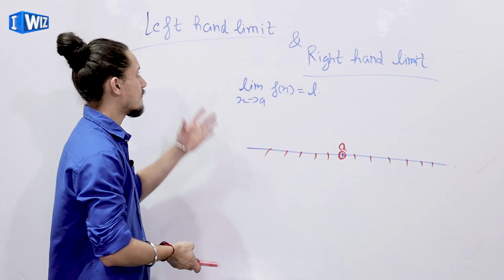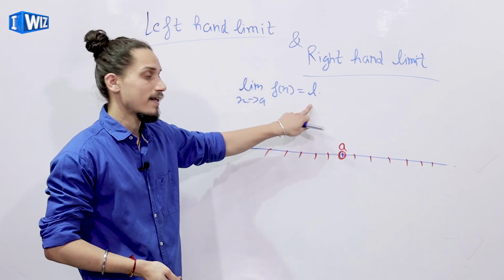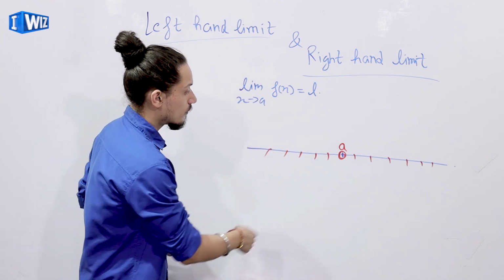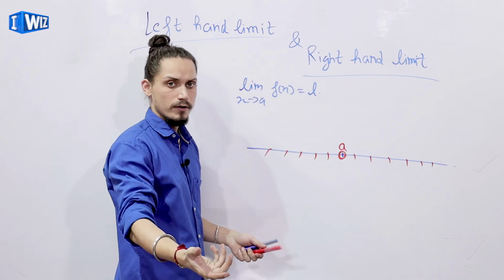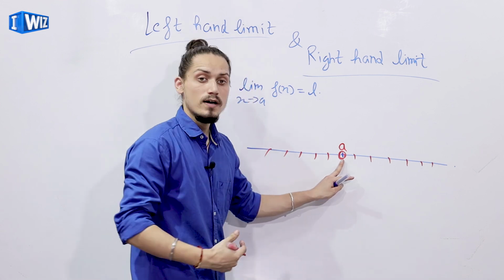Now next point is left hand limit and right hand limit. So if we have a function whose limit is L as x approaches a, तो number line पे अगर मैं x को approach करा रहा, a कोई number ही होगा, तो suppose a की value है यहाँ पे. अब हम a को कहाँ से approach कर सकते हैं?